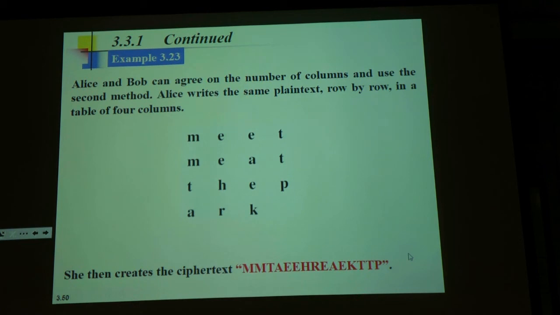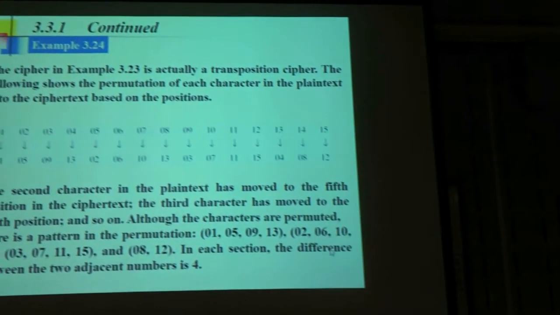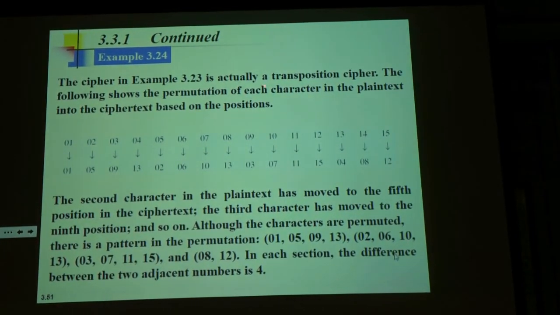So in here what did we do? Transposition. We changed the location only. We did not substitute. The cipher in this example is actually a transposition cipher. The following shows the permutation of each character in the plaintext into the ciphertext based on the positions.